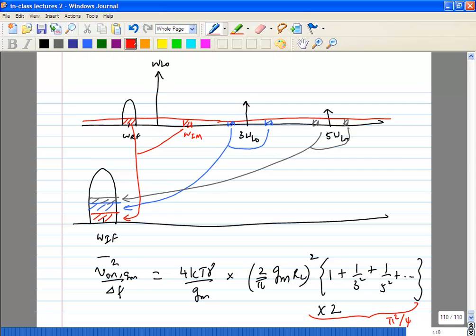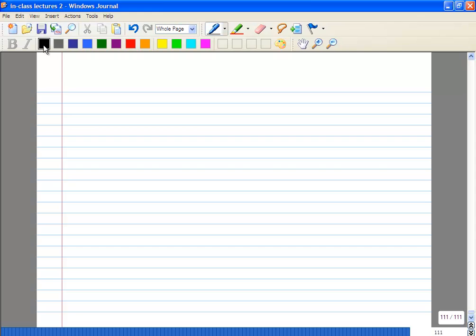So this will give you a 4 over pi squared, so that will get cancelled. You have GM squared RL squared over GM, which is GM RL squared. So that is going to be the noise from your GM stage.